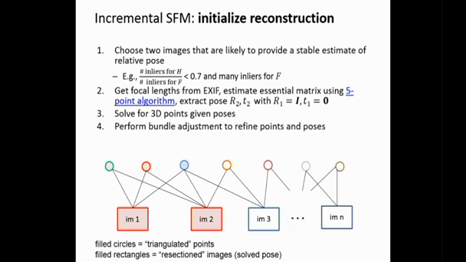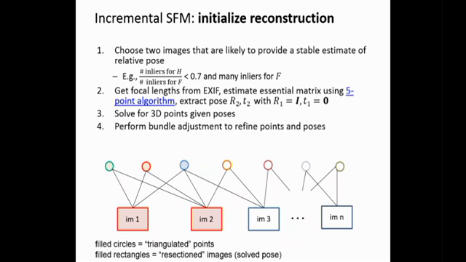So you check the number of inliers for the estimate of the homography between the images, and the number of inliers for the fundamental matrix, and check that the ratio is less than 0.7. And also, otherwise, you want to have a lot of inliers. So that's how you choose your first pair.